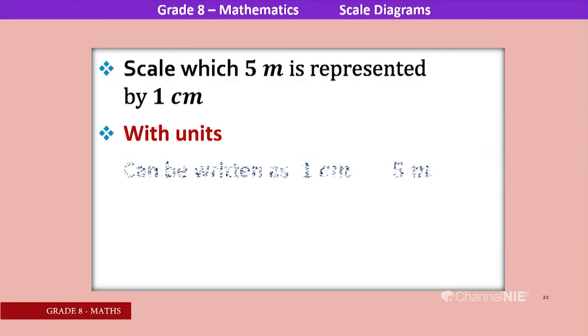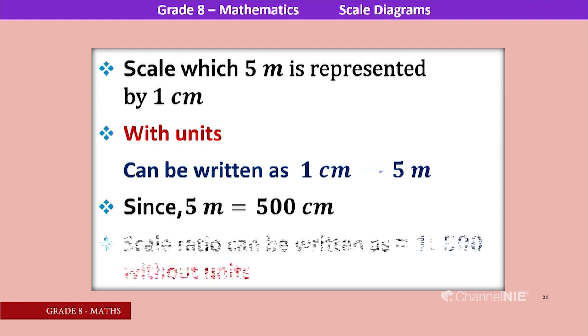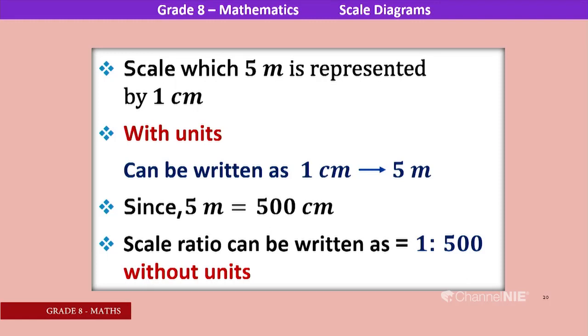With units can be written as 1 centimeter, 5 meters. Since 5 meters means 5 multiplied by 100, 500 centimeters. Scale ratio can be written as 1 is to 500 without units. The same thing.